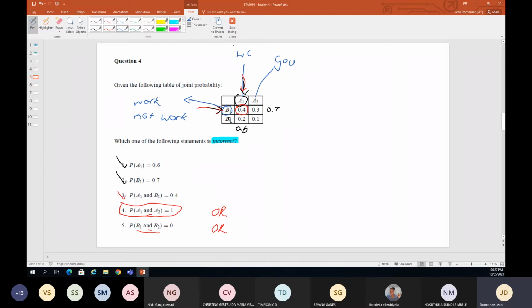So if I told you that you're staying in one of the provinces, you can't be in A1 and A2 at the same time. So when we say A1 and A2, it is always 0. The same for B1 and B2. We can't say you're working, but you're also not working.